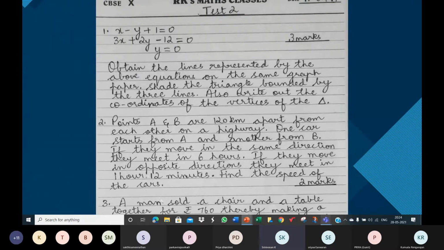Ma'am, I found out the vertices. You found the vertices? I still want to wait for 5 more minutes, Srinivasan. Nice that you finished. Please wait. You can maybe take down the second question and start working on that.